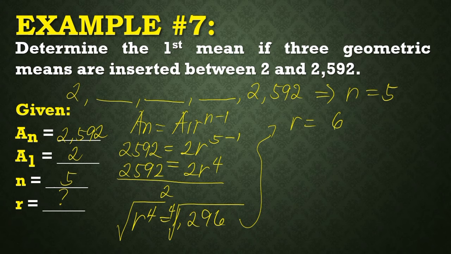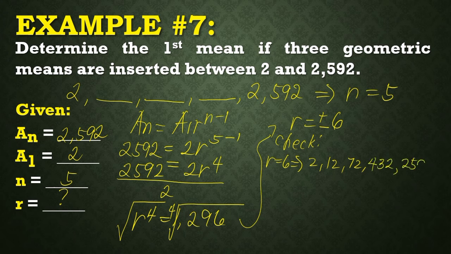Okay? Positive or negative 6. So to check yung common ratio kung tama nga. So una muna, positive 6. So check natin. R equals 6. Yung mga terms niya is 2 times 6, 12, times 6, 72, times 6, that is 432, and then times 6, 2,592.